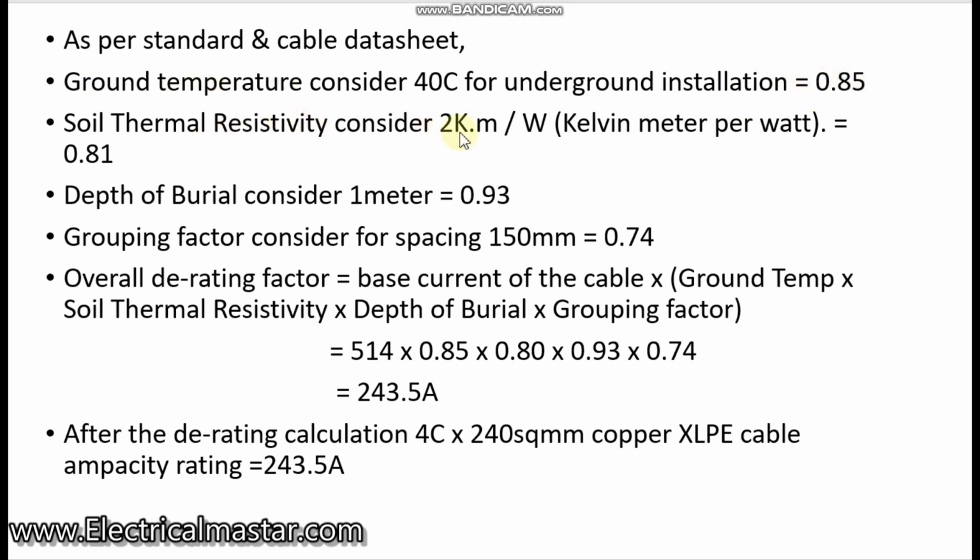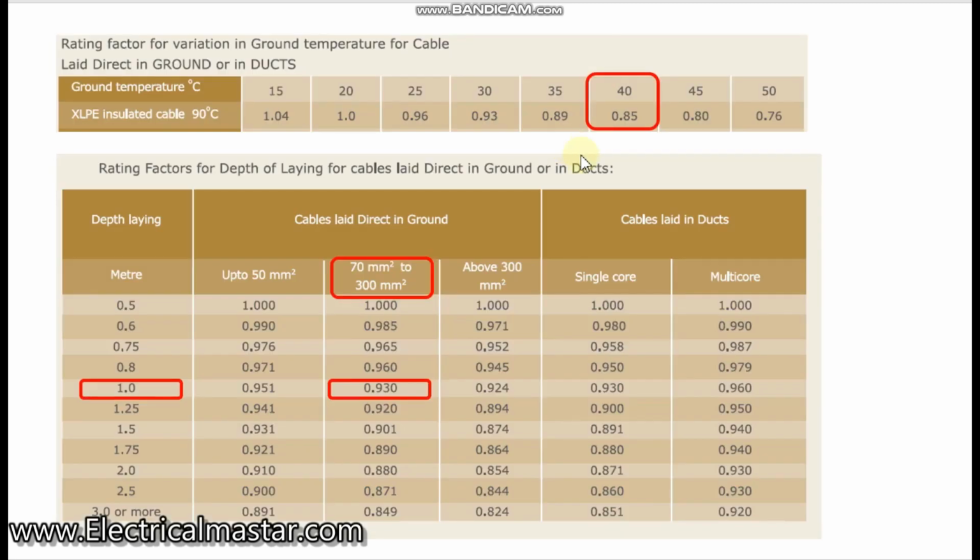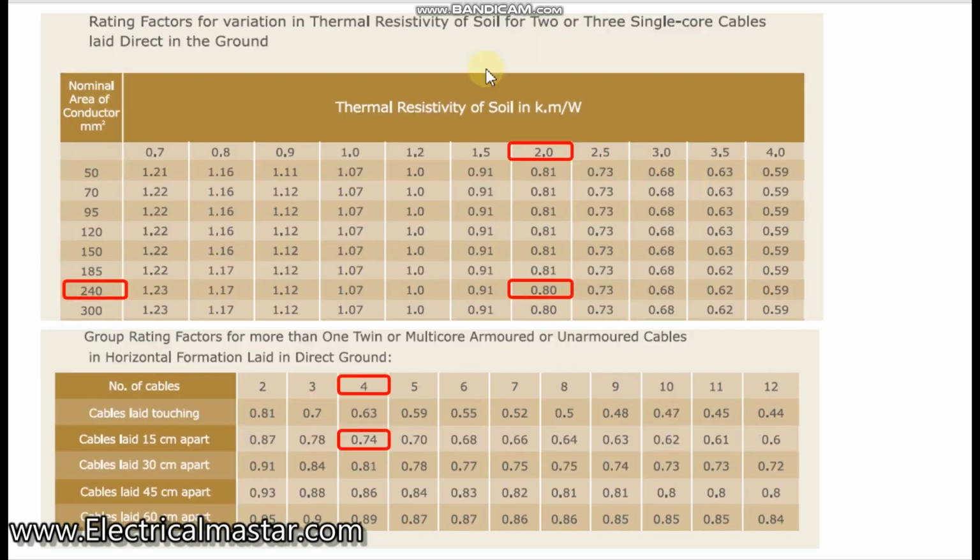Similarly, for soil thermal resistivity, the IEC value is 2 Km/W, and for a 240 square mm cable you can get 0.80 in the datasheet.